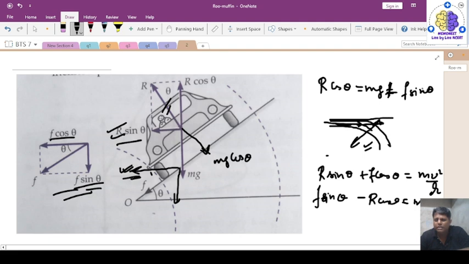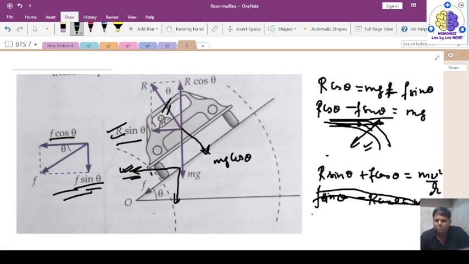So we can say that R cos theta minus F sin theta is equal to mg. I had written this wrong over here. We will write R cos theta minus F sin theta is equal to mg.